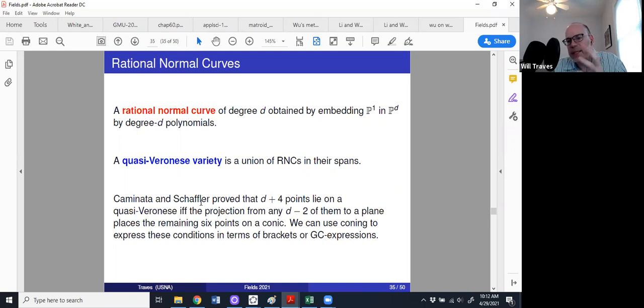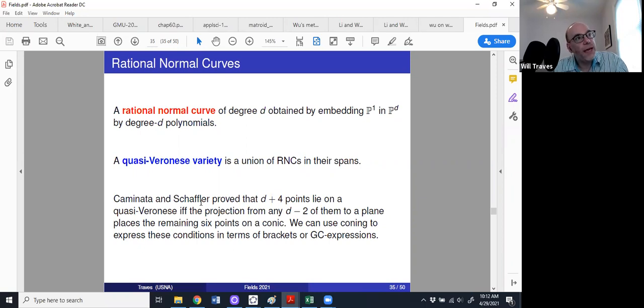If you know what that means, great. If not, then maybe you've heard of the twisted cubic in P3. That's a famous curve in 3-space. And you could ask, when do 7 points lie on that twisted cubic? And this characterization is quite nice.